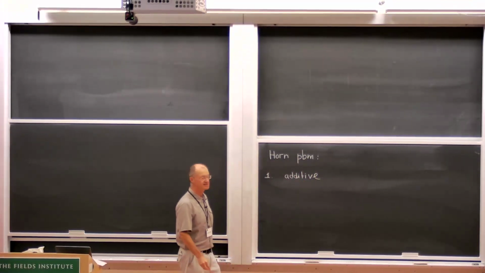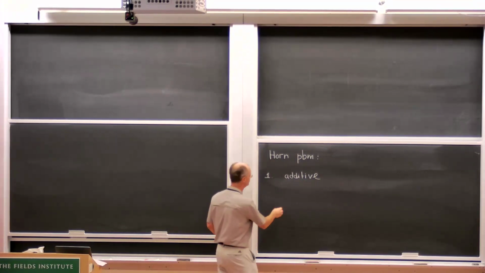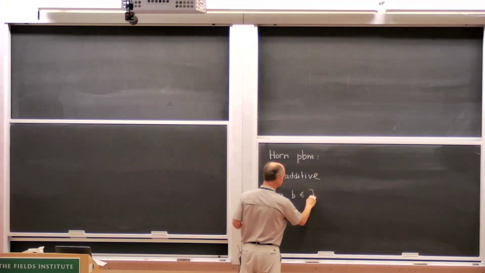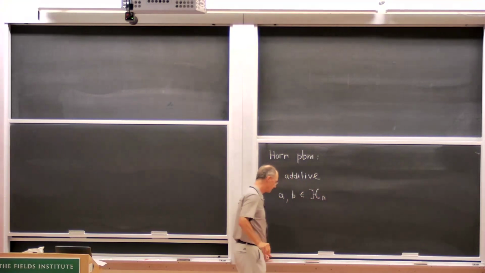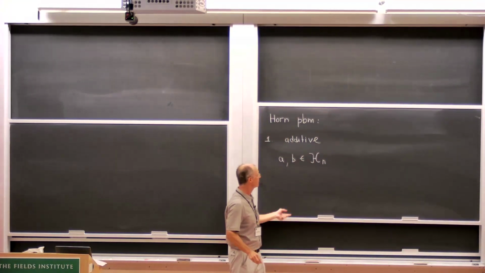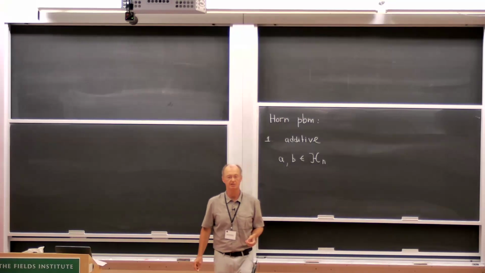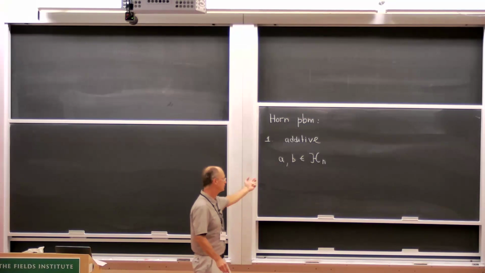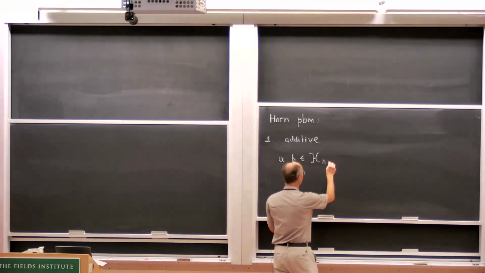That's the classical Horn problem, properly speaking. So we start with a pair of Hermitian n by n matrices, and everywhere there will be that letter n, which corresponds either to the size of a matrix or maybe to some other parameter in the problem.